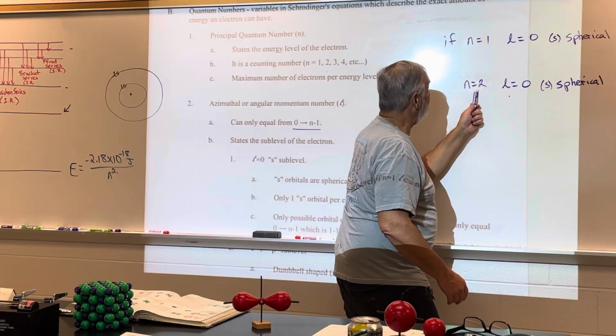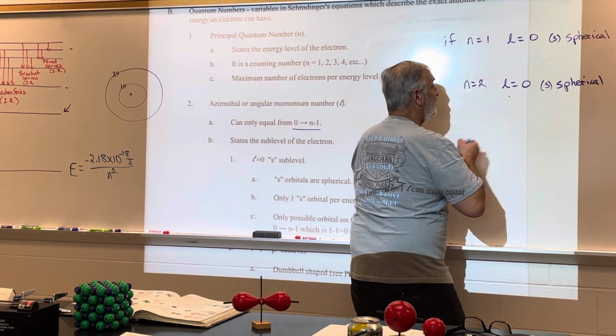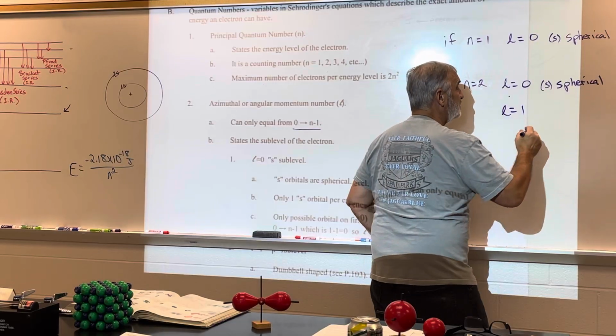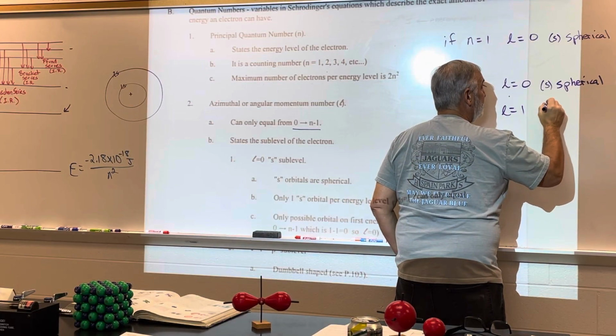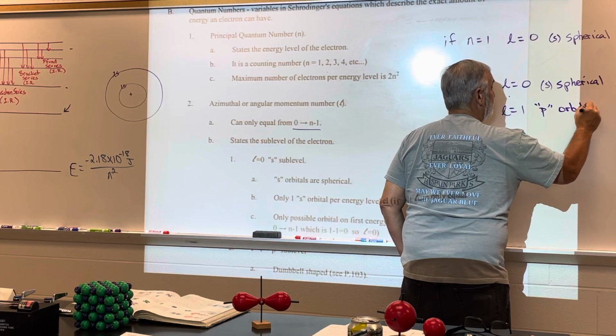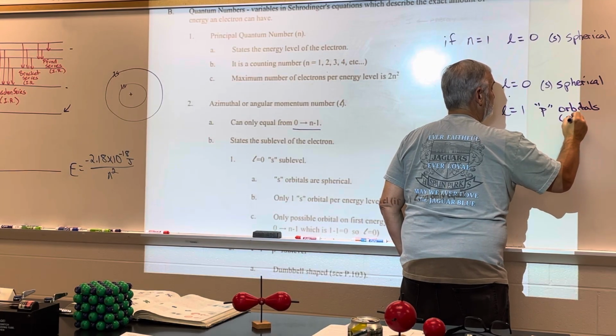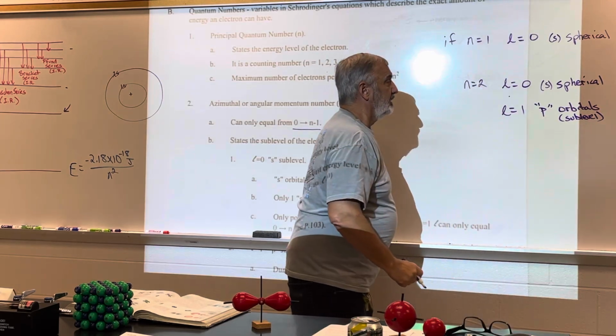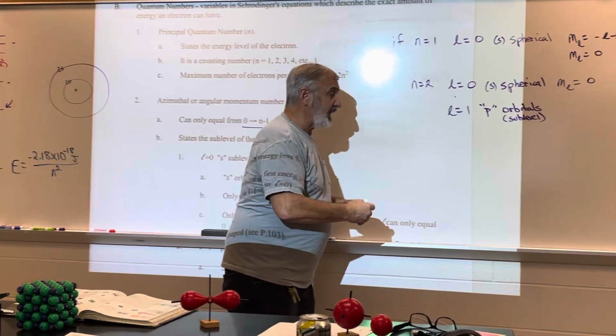But when n equals 2, L can also equal 1. And that corresponds to a p sublevel, p orbitals. That's the one I showed you the dots on.